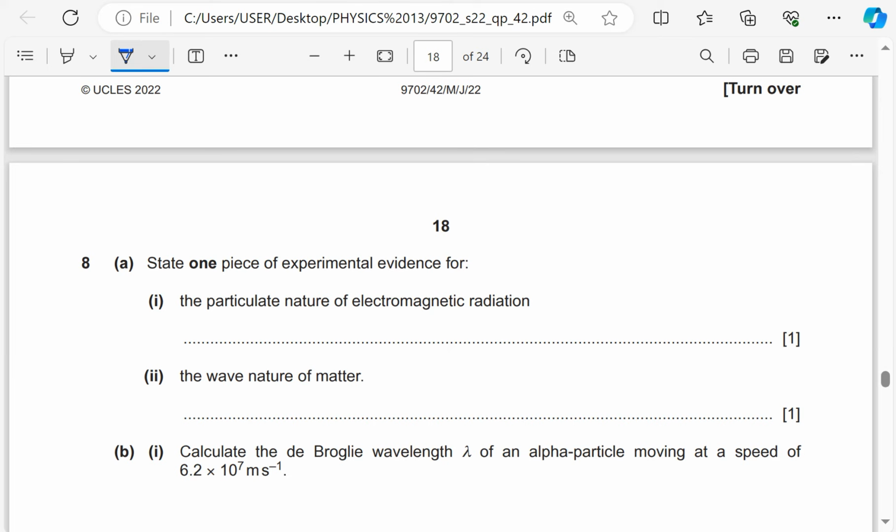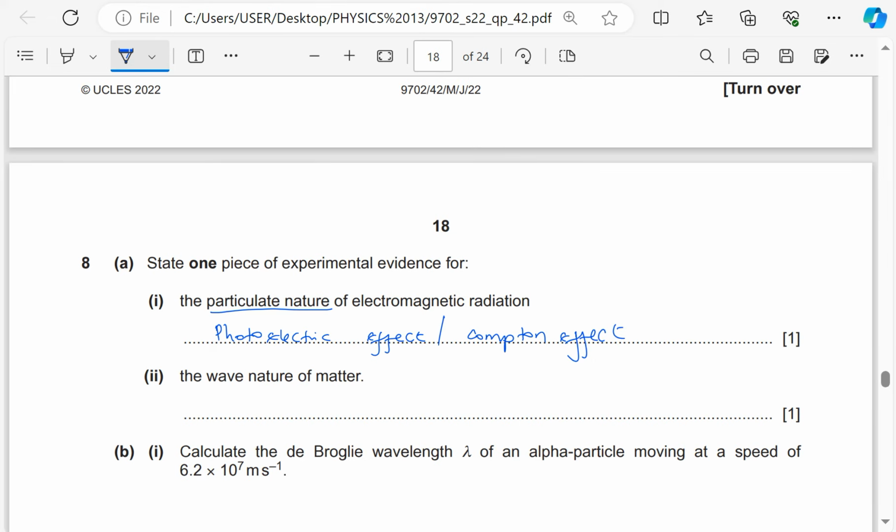State one piece of experimental evidence for the particulate nature of electromagnetic radiation. Particulate, from particle. We have basically two. Number one is the photoelectric effect. And number two is the Compton effect, or Compton scattering.